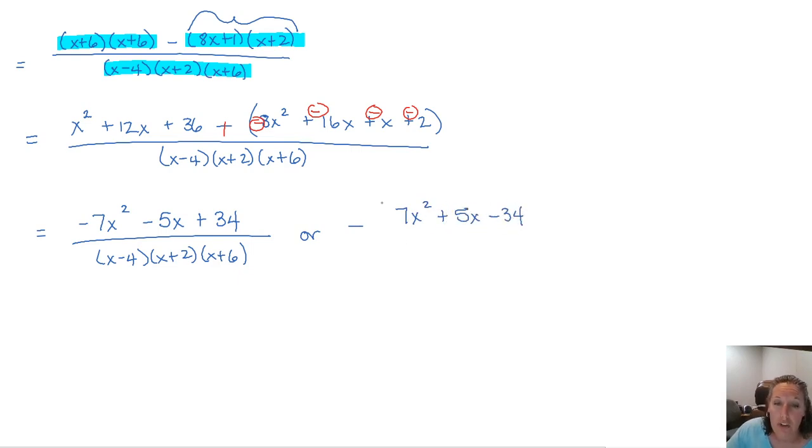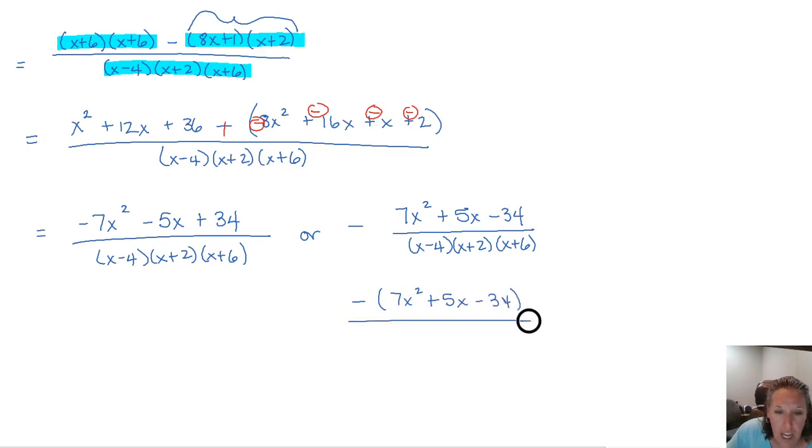When you do factor it out, you need to either have parentheses around that or make it clear that that negative is out in front of your fraction and it's not just on that 7. So you'll either put it clearly out front or put parentheses around that numerator so you know that you've taken it out of everything. And that's as simple as we can get this fraction.